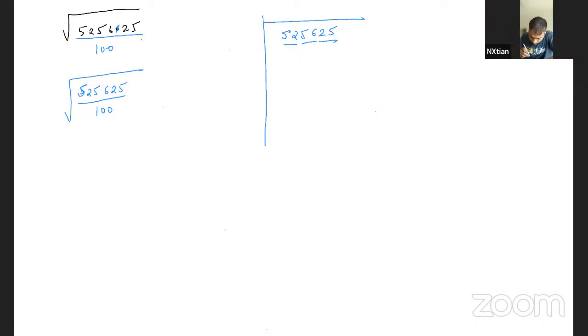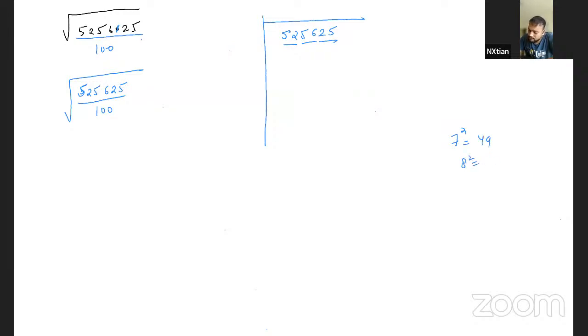So first we have to write a number because the first number is 52. So one square is like I have to take the number. So I know that 7 square is basically 49 and 8 square is 64.